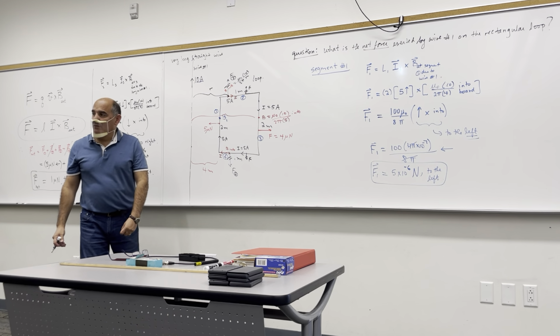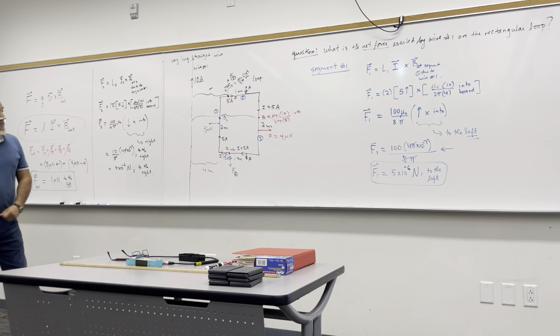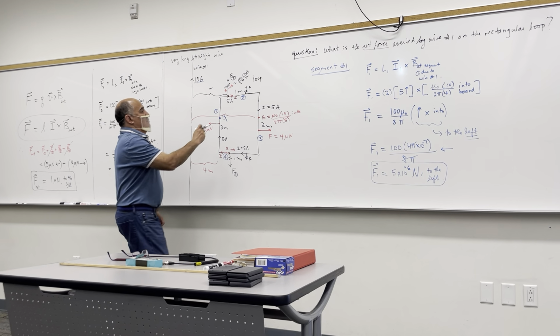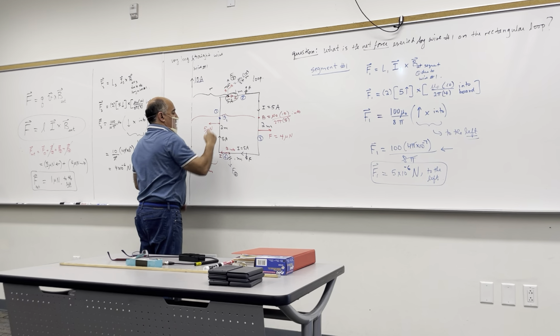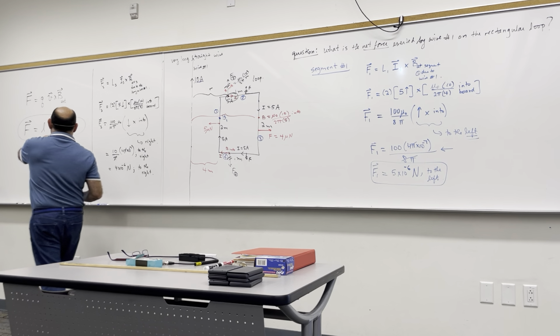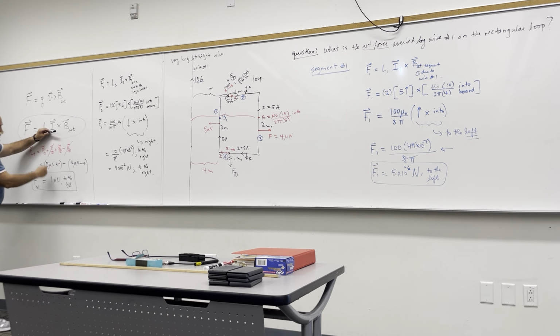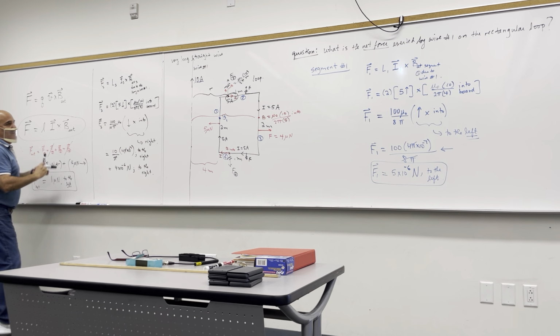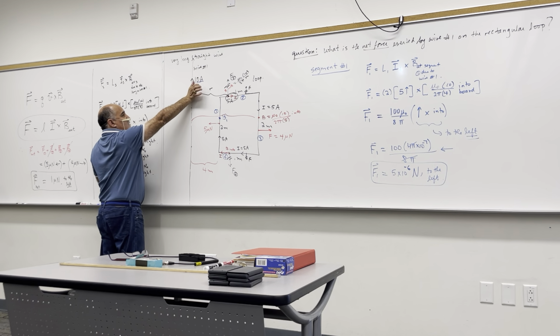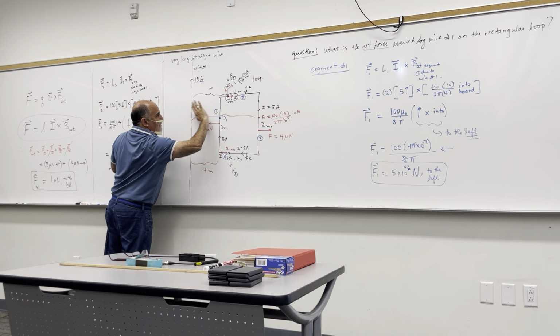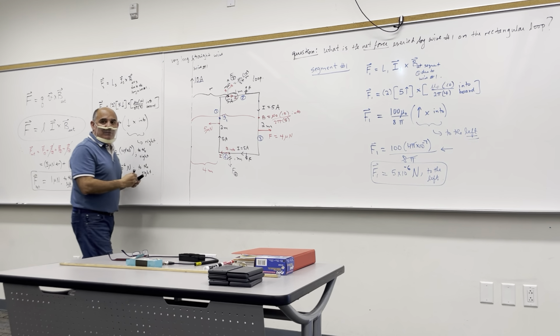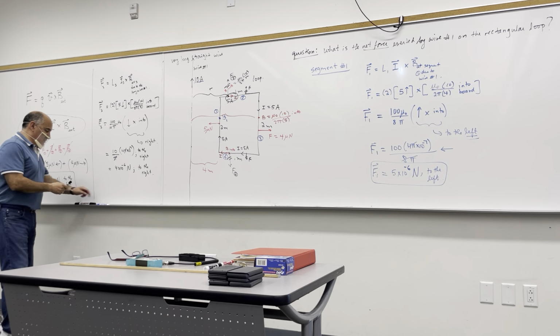Well, the current in this segment is to the right, and the magnetic field is into the plate. Actually, everywhere to the right of this on that plane, the magnetic field is into.